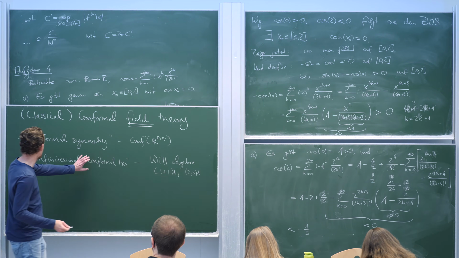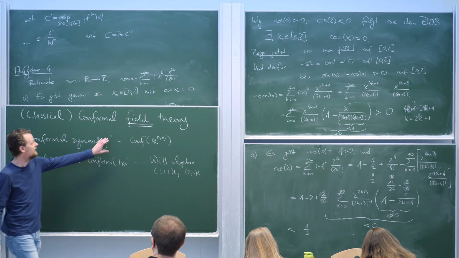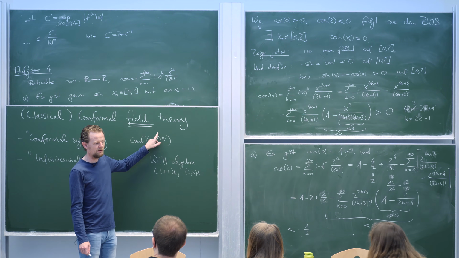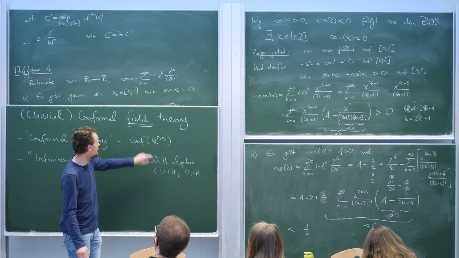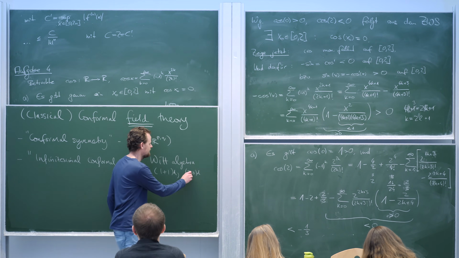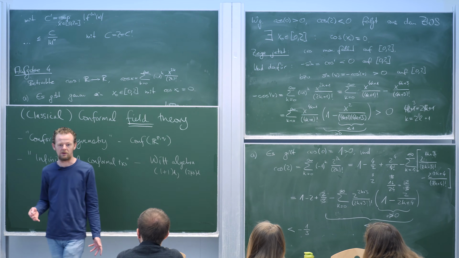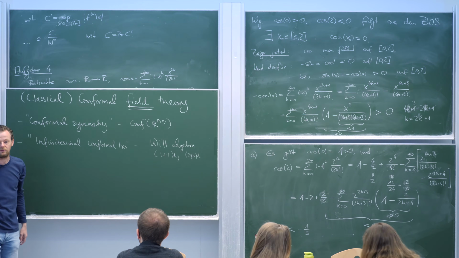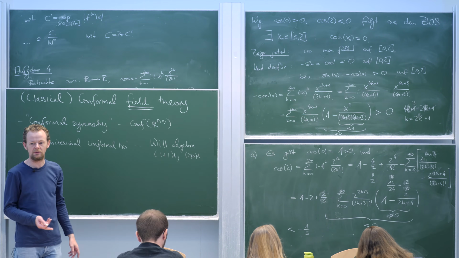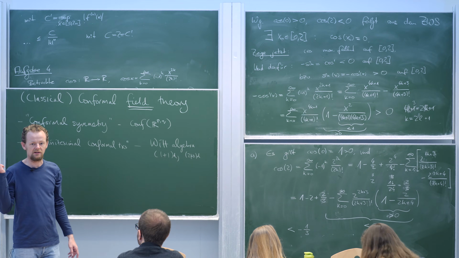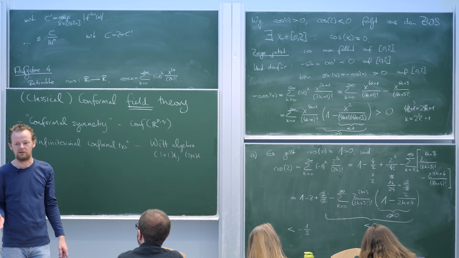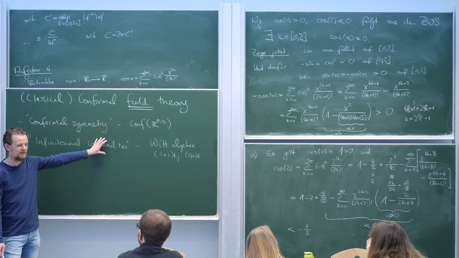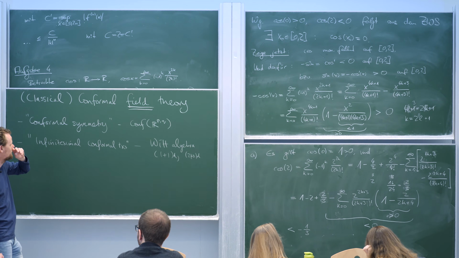Of course, we also discussed infinitesimal conformal transformations in other examples of p and q, but there the algebra is much smaller. Only here in 1 plus 1 or 2 plus 0 dimensions is the algebra bigger. And bigger is better because it means you have more symmetries, you have more conserved quantities, and you can eliminate more degrees of freedom. So you may potentially be able to solve systems which have a large number of symmetries. So that's the story so far.